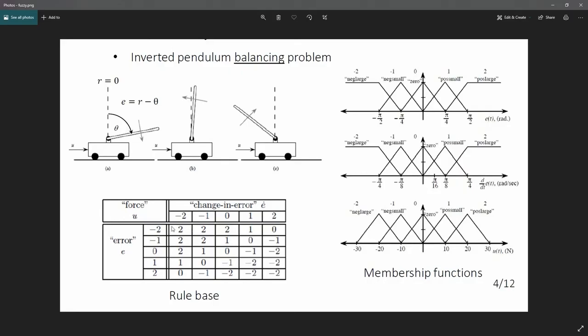Suppose that error is still in negative large, or -2. Again, it's still in negative large, but change in error is 0, or the falling velocity is 0. Because error is still in negative large, it means that the angle is large.